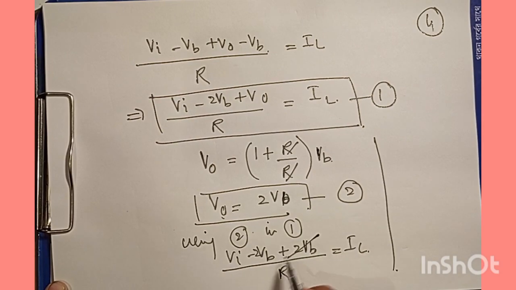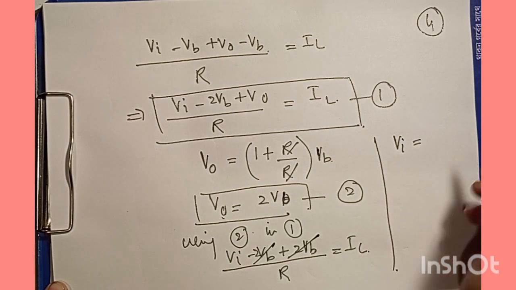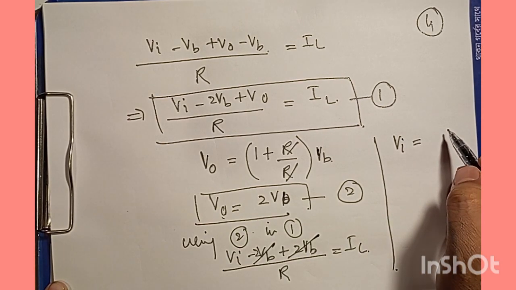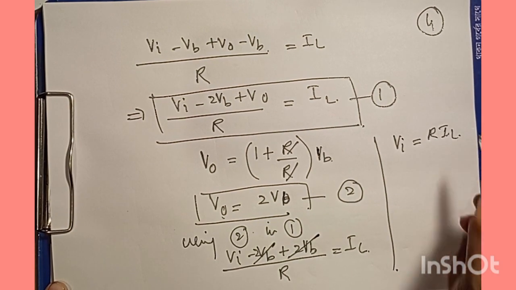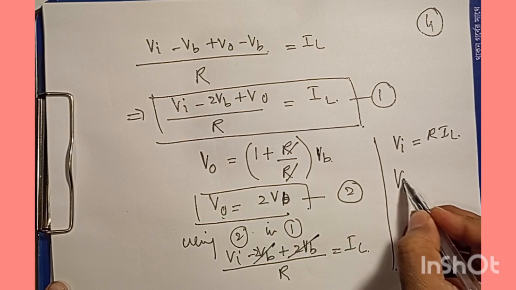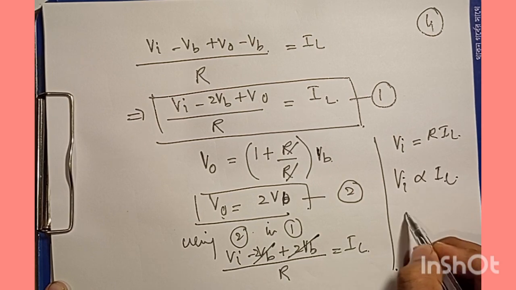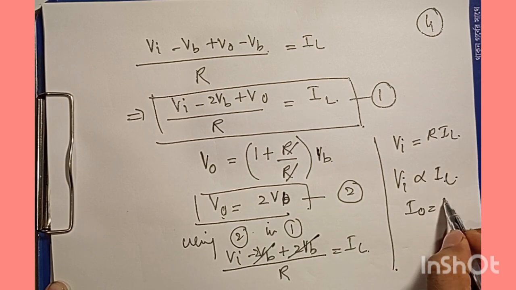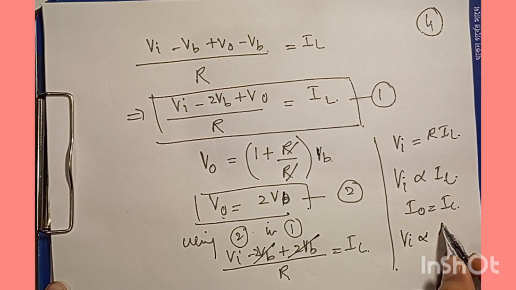So this twice VB and twice VB will go, and we have VI equal to R times IL. So we can directly see that the input voltage is proportional to the output current IL. This IL is the output current. So this way we have understood how we can convert the input voltage into the output current.